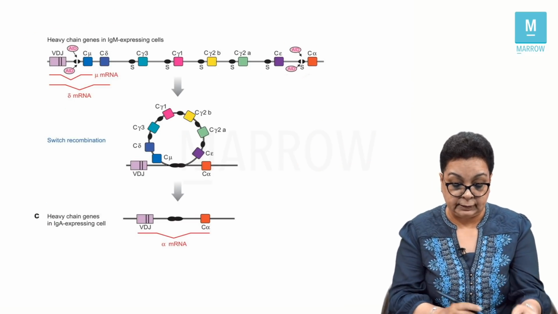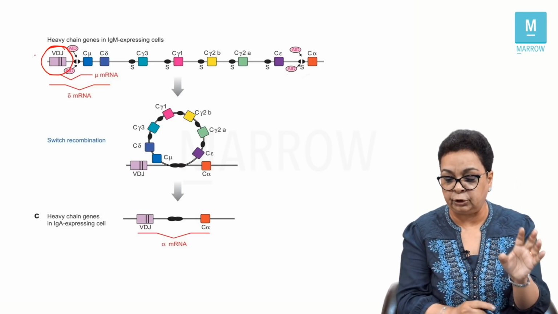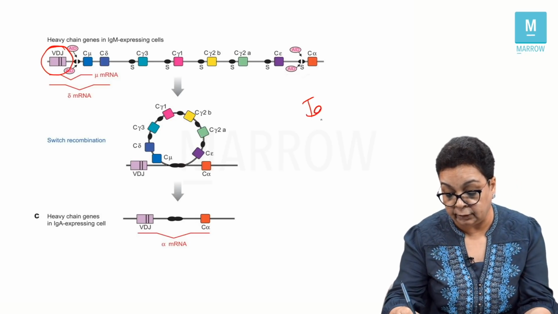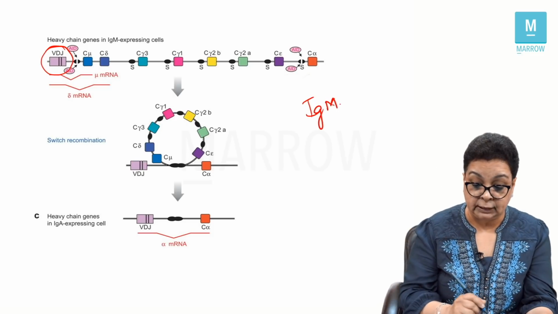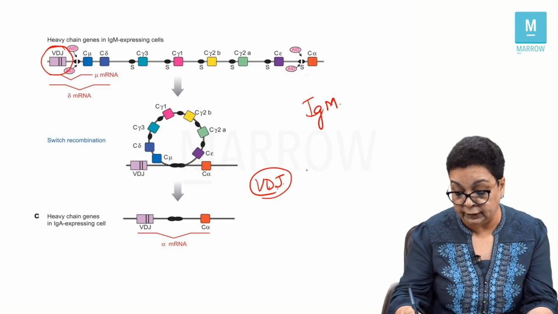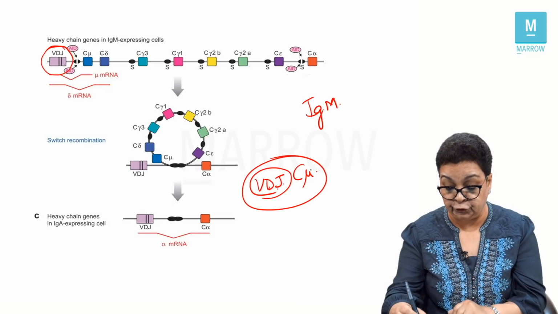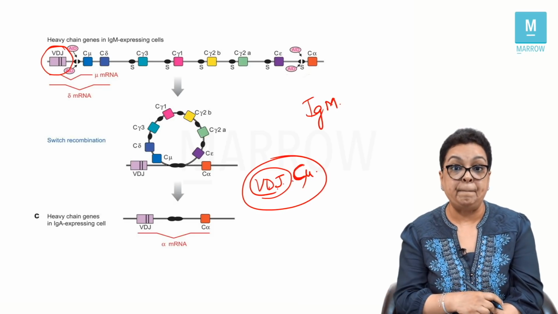Right. So this is what is happening. Once the B cell has rearranged the receptor gene, it will always secrete IgM antibodies. So that means in the VDJ gene, what is always going to first get joined up with the rearranged gene is always going to be C mu, right?